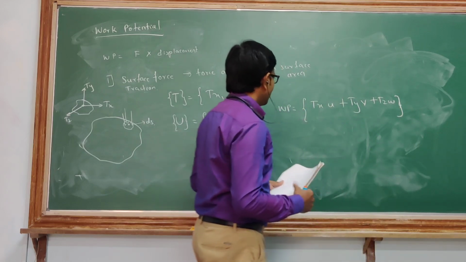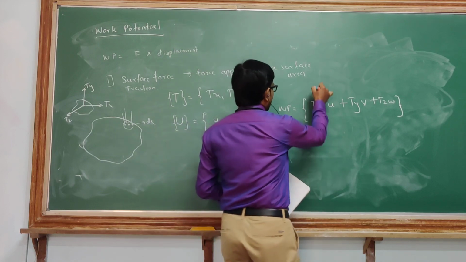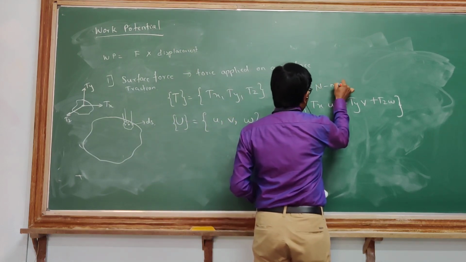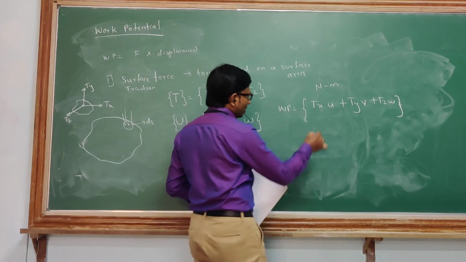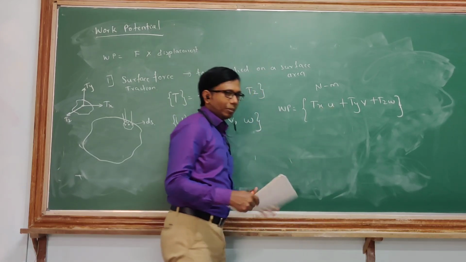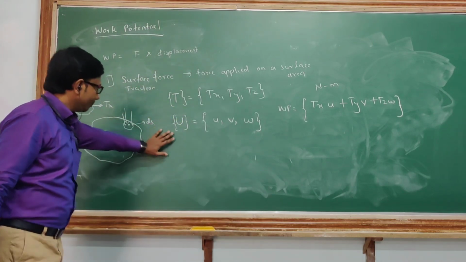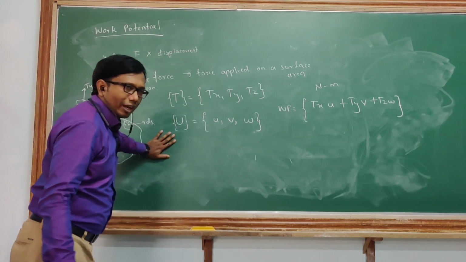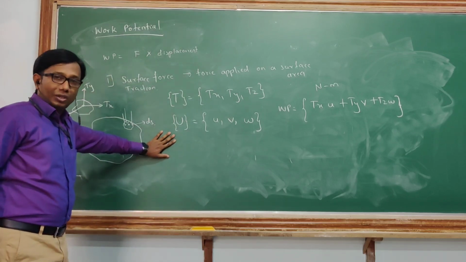Now just imagine what is happening here. What is the unit of the work potential equation? It is Newton meter. Now what is the surface force? An example of a surface force is pressure. Whatever pressure we are giving, force on a unit area, we call it pressure.